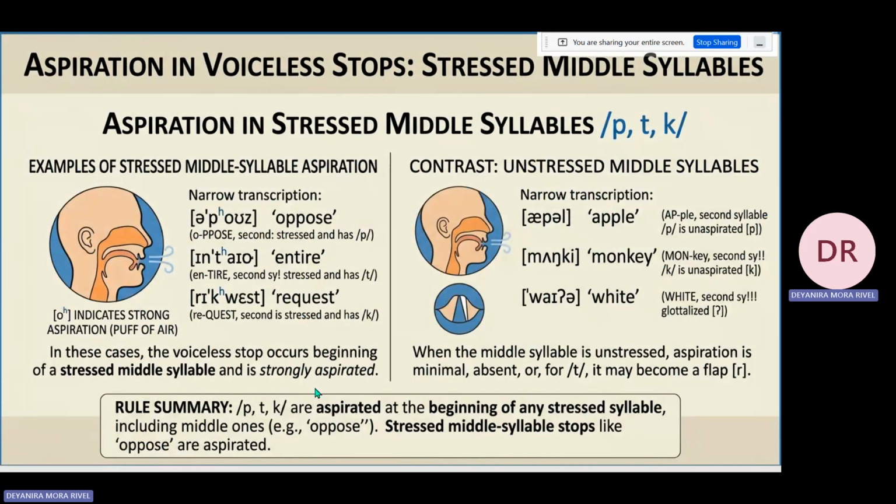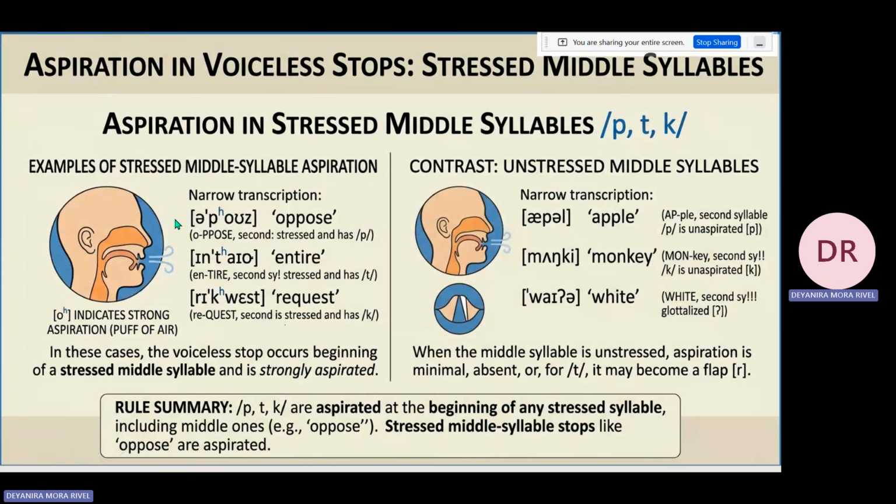But not only there, there's also aspiration of PTK when there is a word that has a stressed syllable in the middle of the word, and that stressed syllable begins with PTK. Here we can see the narrow transcription of oppose.